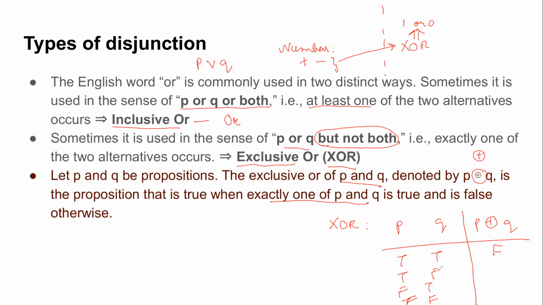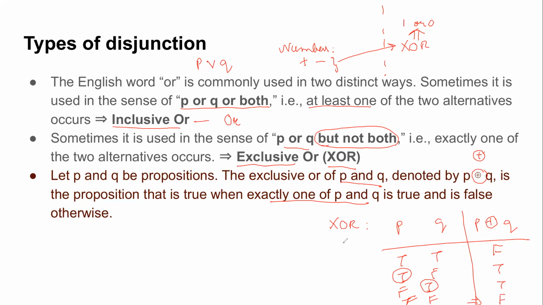What about true, false? Very good. What about false, true? It is also true, because exactly one of them is true. What about the last one? No, Zishan, it is also false.